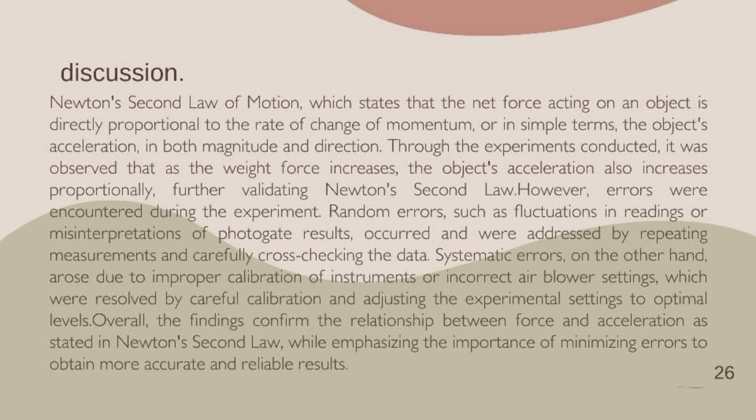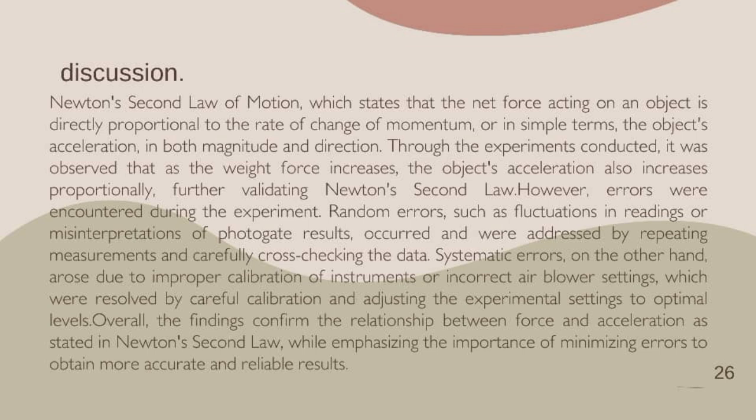However, errors were encountered during the experiment. Random error, such as fluctuation in readings or misinterpretation of photogate results, occurred and was addressed by repeating measurements and carefully cross-checking the data.